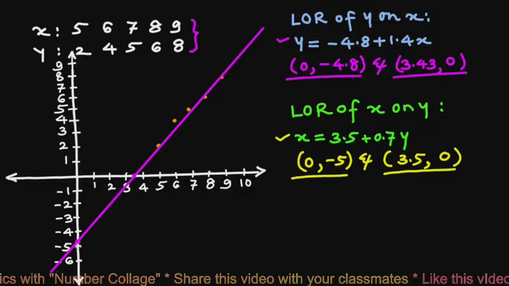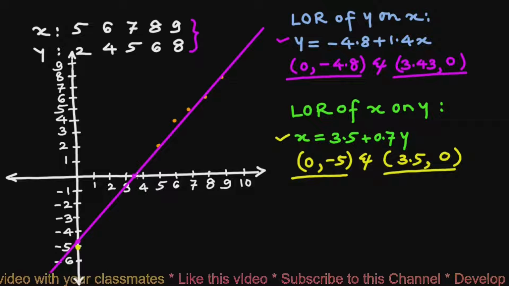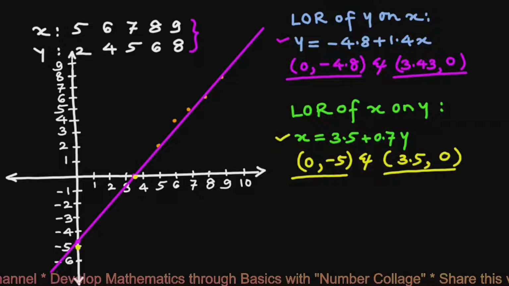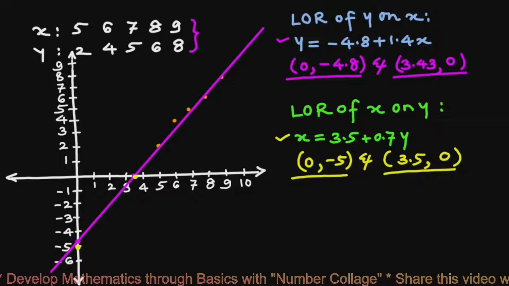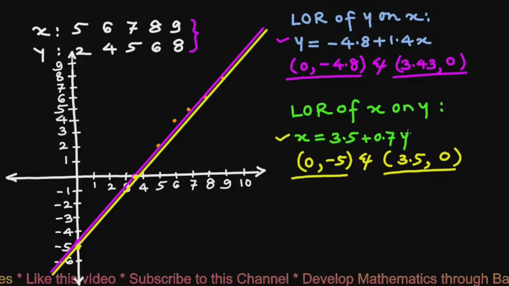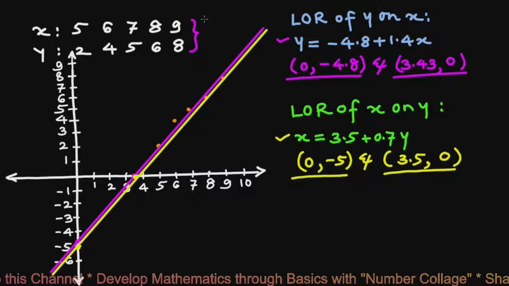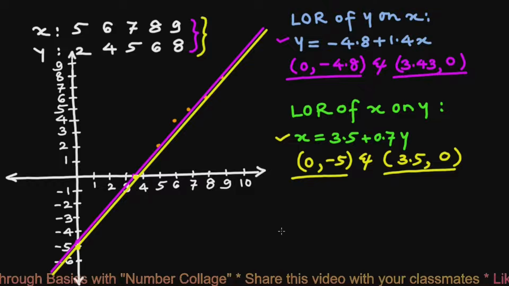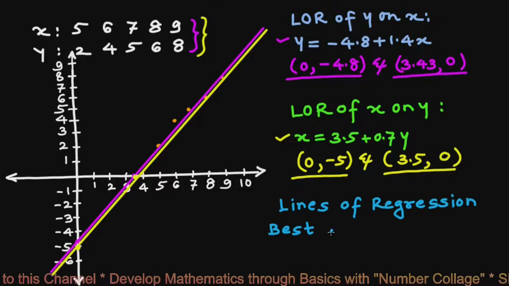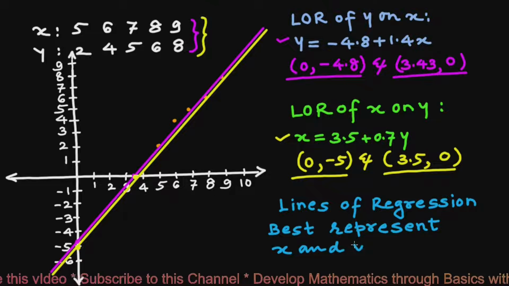So 0, minus 5 will be here, and 3.5 comma 0 will be somewhere here, and a line passing through these 2 points will be this, almost same as the line of regression of y on x. This line also best fits the given pairs of values of x and y. So as mentioned earlier, lines of regression best represent given pairs of values of x and y.